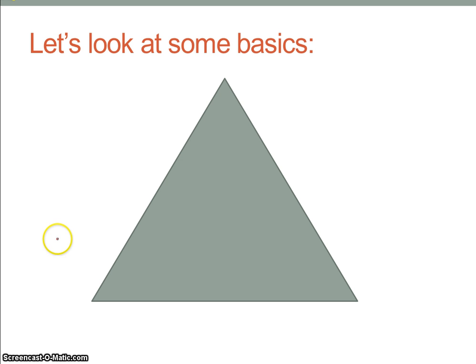First of all, if we have a triangle, it's a three-sided polygon. We might label it A, B, C. So we would call this triangle ABC. Alright, there's different ways of naming your angles. You might say angle A, angle B, and angle C. Or you might say angle BAC, as long as the angle you're referring to is directly in the middle.